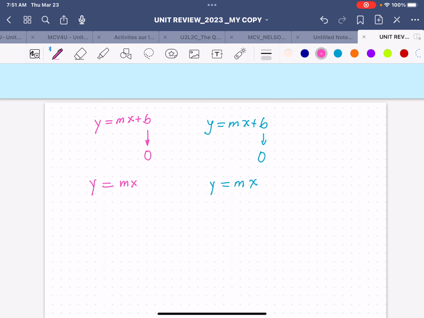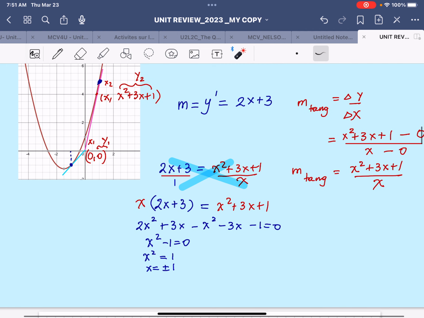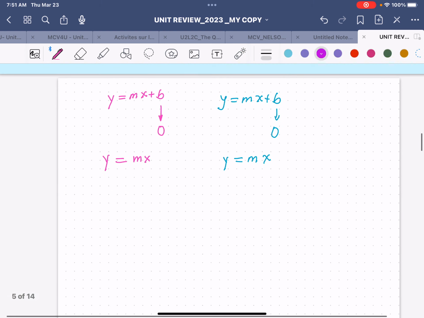In order to determine the slope of the tangent, we will have to use the x-coordinate at the point of tangency. For the pink tangent here, the x-coordinate is equal to 1.